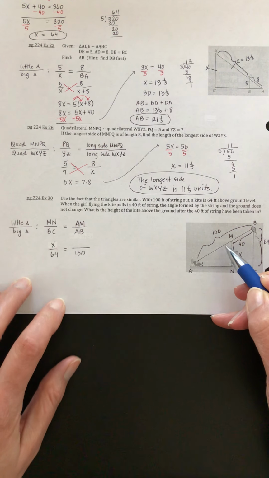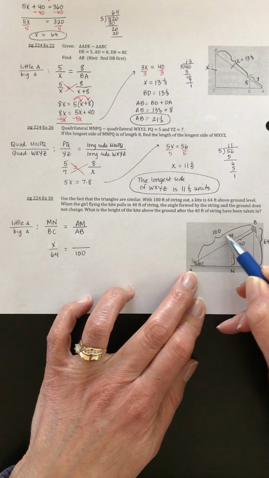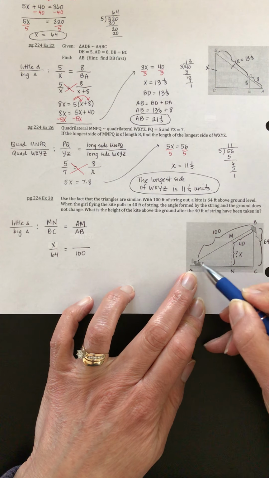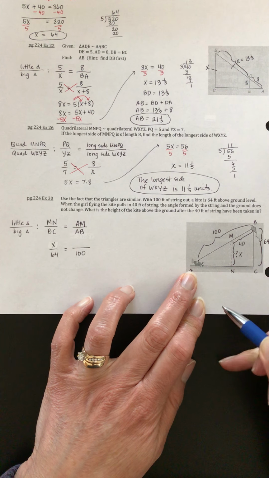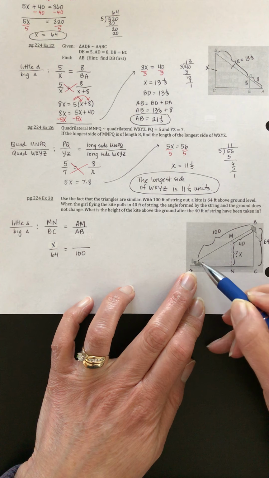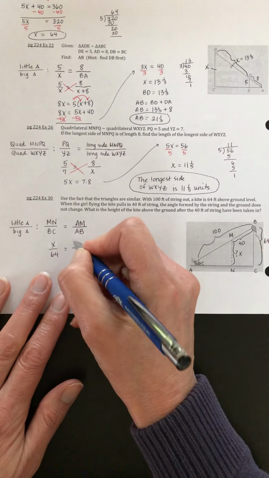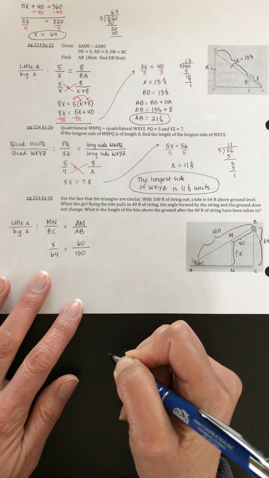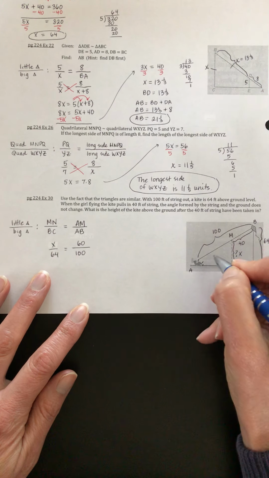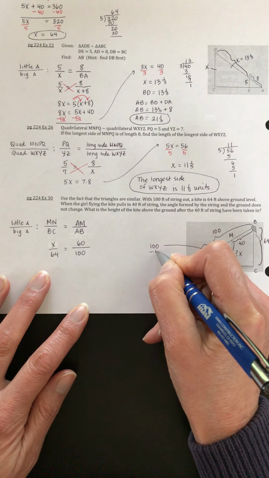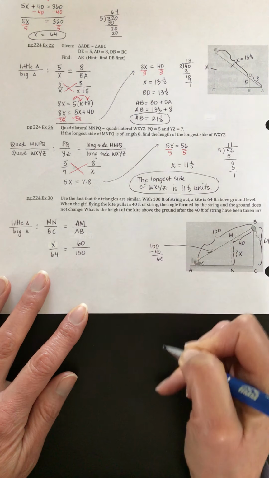Well, it's not labeled right now, but if we know this whole piece is 100 and the little piece is 40, what does that have to be? Doesn't it have to be 100 minus 40? What's left over is 60 because these two together have to equal the whole. So that would be 60. Okay, so to get this piece here, we're saying 100 minus 40 is 60.